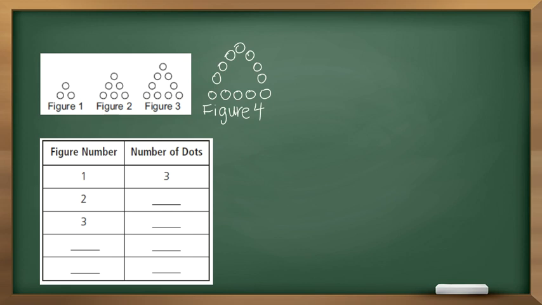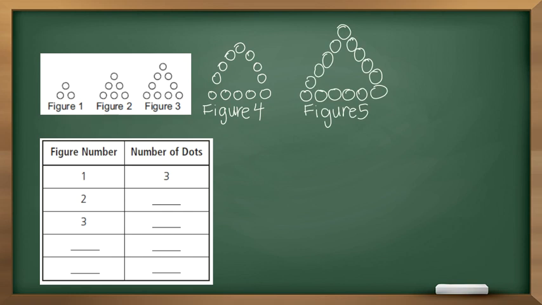If figure 4 has 5 on the bottom, figure 5 is going to have 6 along the base. So there should be 6 along each side. Again, you're double counting the vertices there. And then we just have to count.